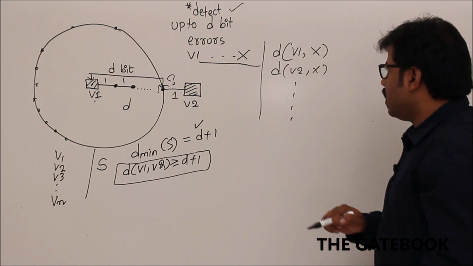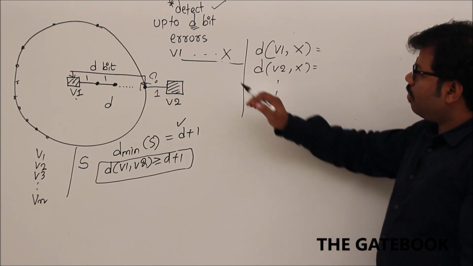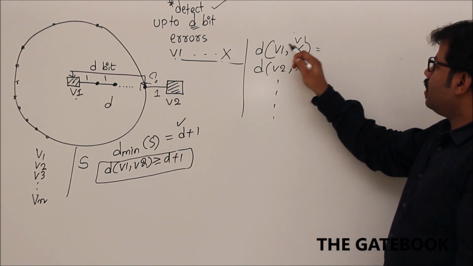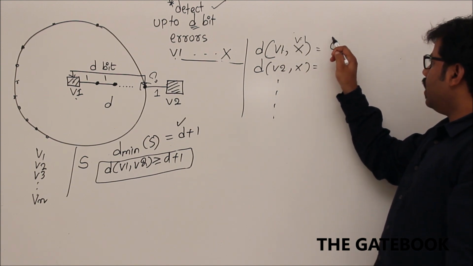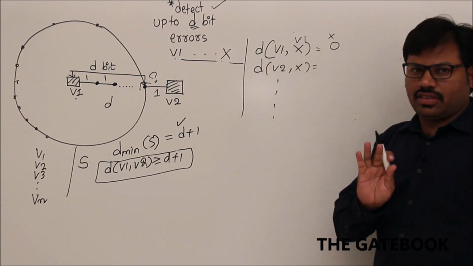So what happens, we'll see. If the received word doesn't have any errors, then what happens? Example, if you send V1 and you receive V1 again, then the distance from V1 will become 0. That is a landmark to say that there is no error in the system.